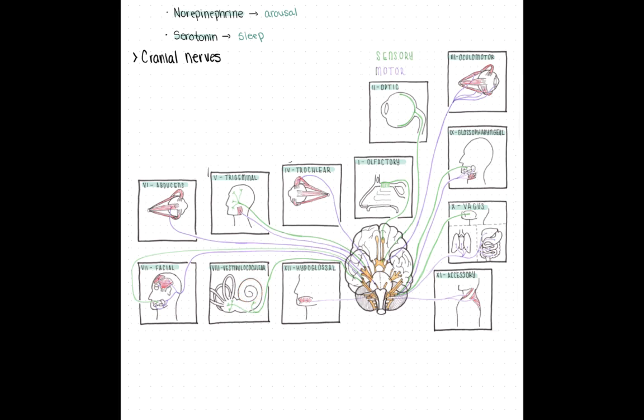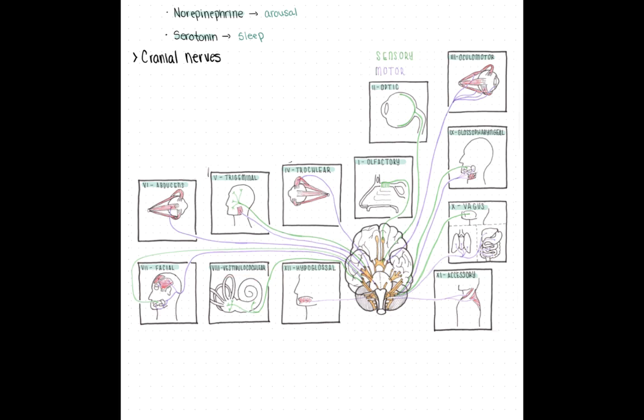And then also information from the vestibule and these semicircular canals about balance and equilibrium. So it carries both those information types: hearing, and balance and equilibrium. So that's the vestibulocochlear.